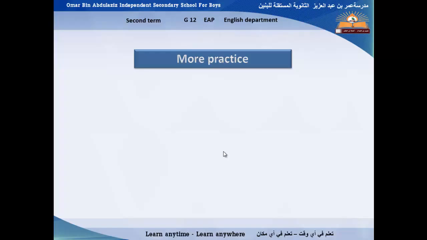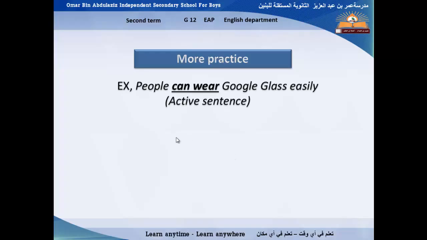Let's take more practice for that. When we say people can wear Google Glass easily, this is an active sentence. If we want to get the passive sentence of this structure, we have to apply the same rule, which is starting with the object plus can be plus the past participle.